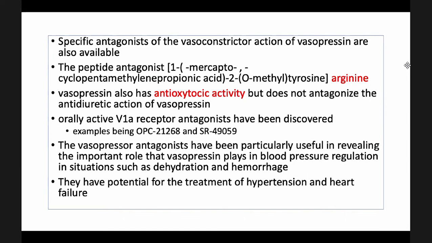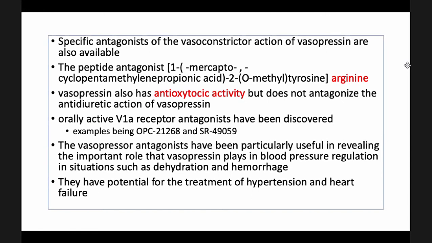So your vasopressin also has anti-oxytocic activity, but it does not antagonize the antidiuretic action of your vasopressin. So orally active V1A receptor antagonists have also been discovered, and these are your OPC21268 and your SR49059.